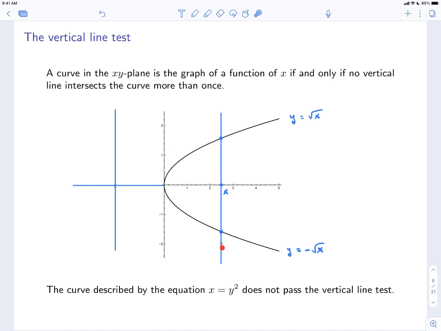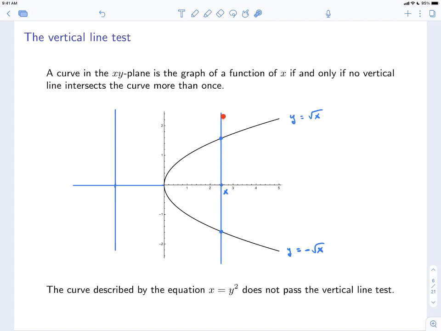And that's what is exemplified by the vertical line test, because the vertical line test picks out every place on the curve where you have an x value corresponding to a y value. So this vertical line corresponds to this x value. And when it crosses twice, like it does here, that means there are two different y values for that one x value.